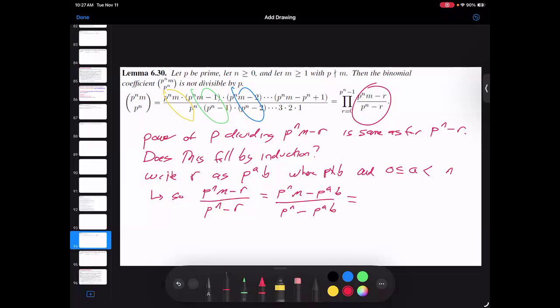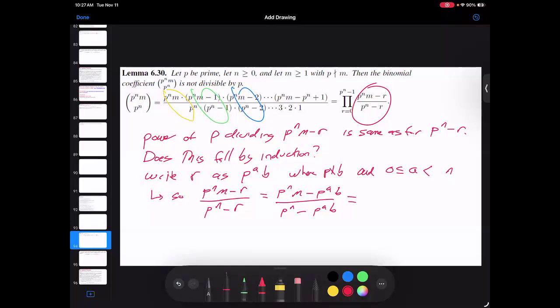So what should you do now? We want to show that whatever powers of p divide the numerator divide the denominator. So you've got lots of p's all over the place. What should we do? Factor out the p.